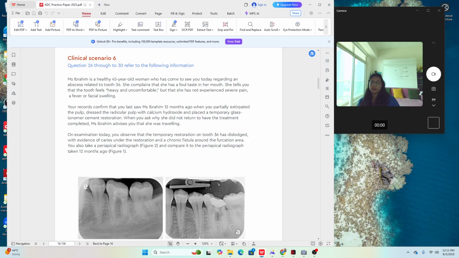So you have 2 sets of radiographs, one taken when you had partially extirpated the pulp, and one taken today after a year, and you clearly see a nice radiolucent area between the roots. There is radiolucency out here, there is an abscess out here, and this restoration doesn't look that great. There is evidence of secondary caries.